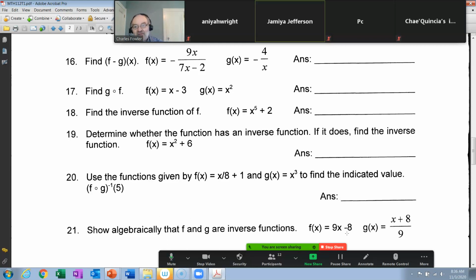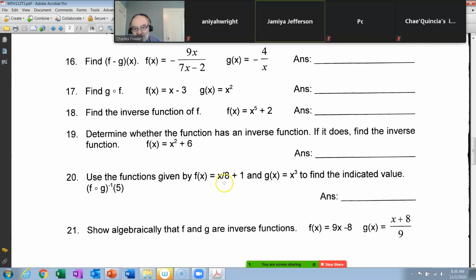This is 1/8 of x plus 1. The x over 8 is the first term, plus 1 is the second term. Is that what you meant? Yeah, the first term is 1/8 of x, and then plus 1. Okay, good question. Those are always hard to type and hard to interpret, so I'm glad you asked that.